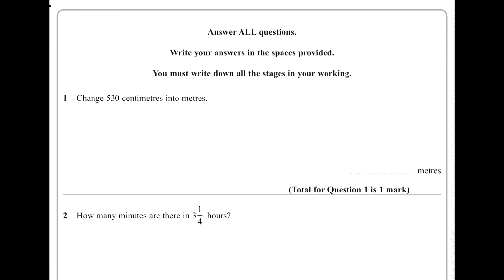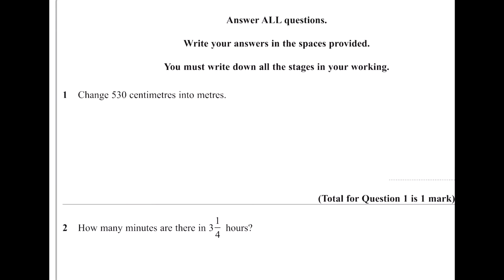So the first question says change 530 centimeters into meters. Well, in order to do that, we'll use the fact that 1 meter is 100 centimeters. And then using this fact, we could write out what 530 centimeters is, because going from here to here, you're multiplying by 5.3.